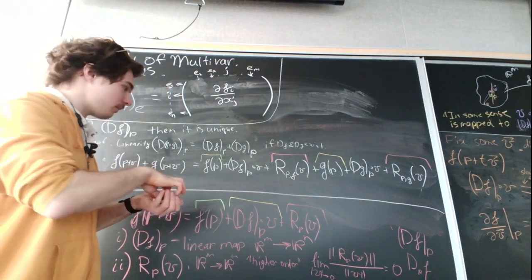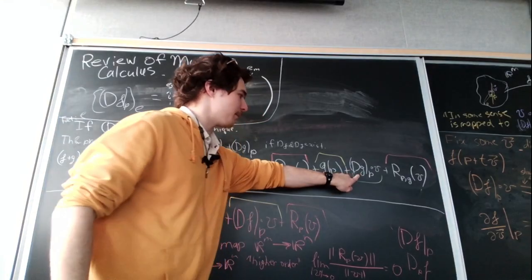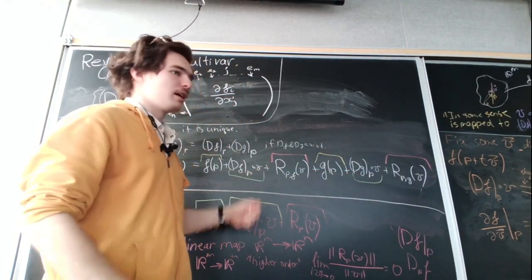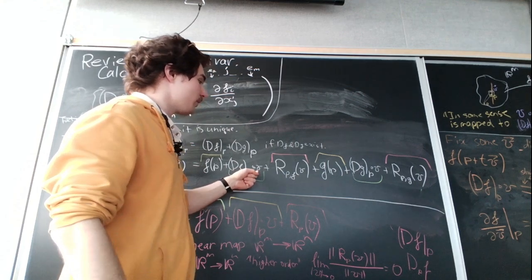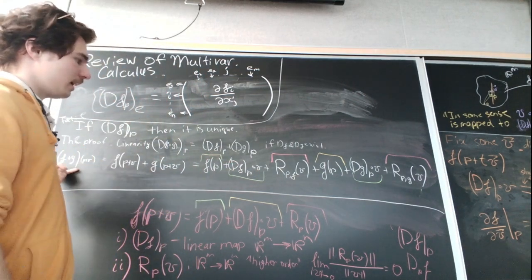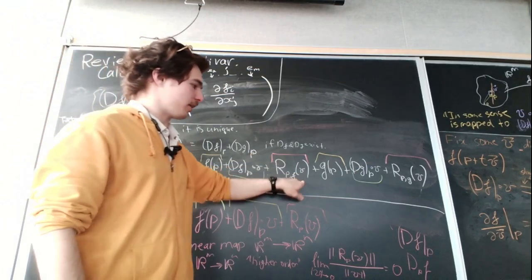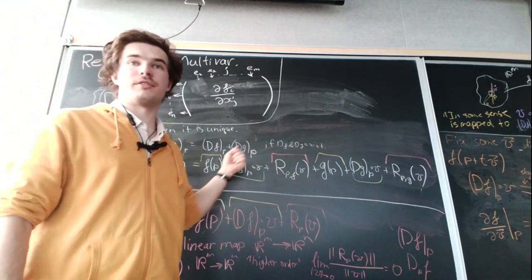Okay, and so this is the linear piece, right? Because you can see this is a linear map in v, this is a linear map in v. The sum of two linear maps is still a linear map. Okay, so then I know by definition, because the derivative has to be unique, I rewrote this thing in some way where I have constant piece, linear piece, higher order piece, that this linear piece has to be the derivative. Right?